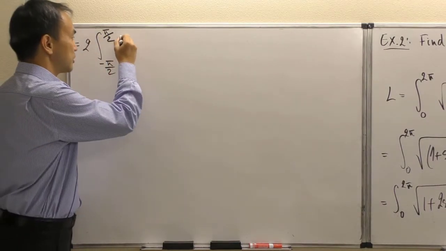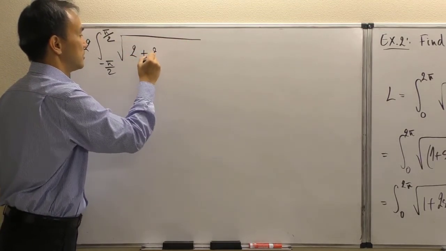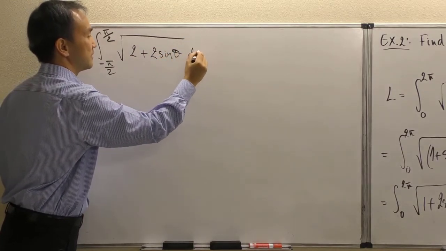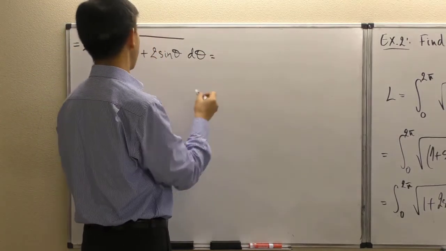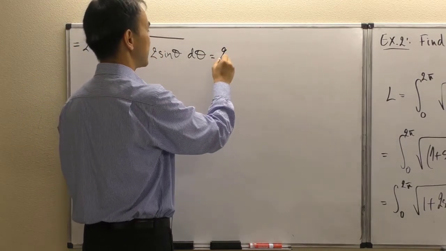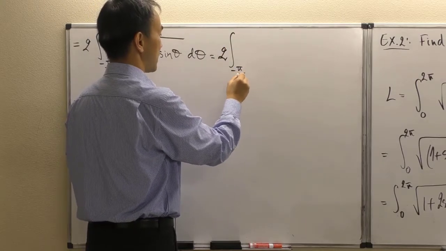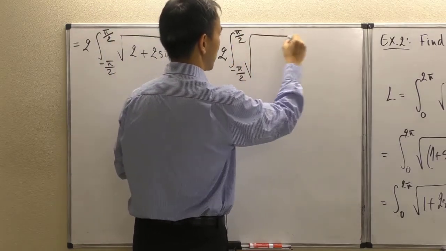But now with this current integral, 2 plus 2 sine of theta dθ, allow me to do the following trick, very similar to the trick I did back in example 1 earlier. So now it's from minus pi over 2 to pi over 2, and I'm looking at the following expression.